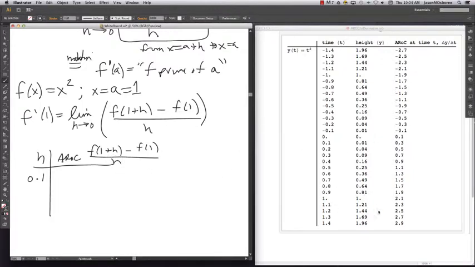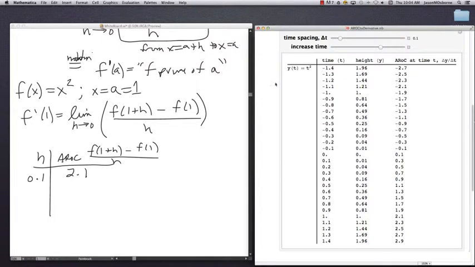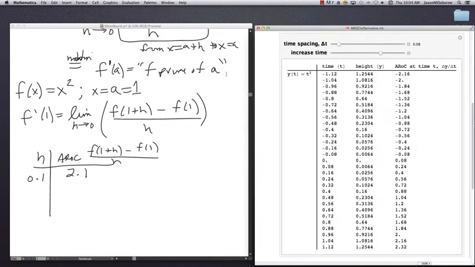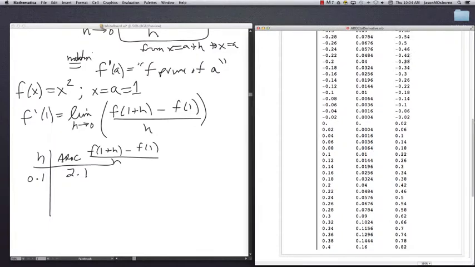When h is equal to 0.1, my average rate of change is about 2.1. So let's see if we can guess what this limit is going to be, just using the computer to do a bunch of values. We need to do a limit, so we need to make this value smaller.